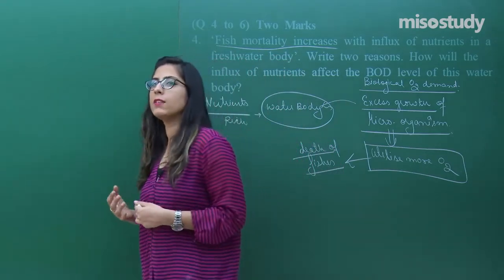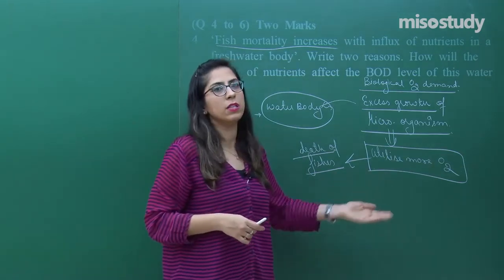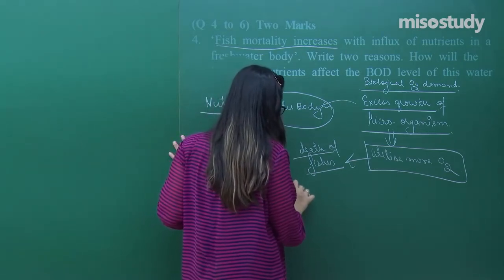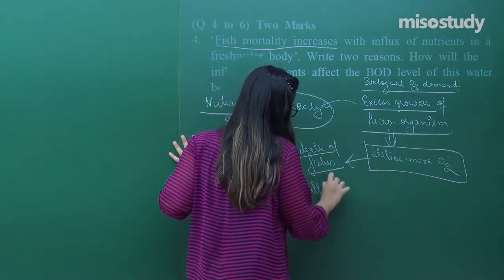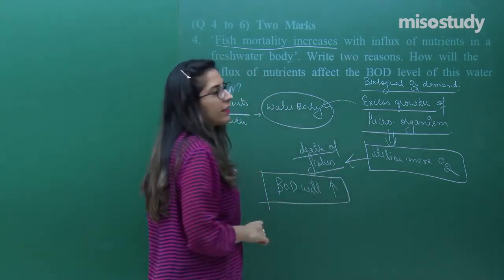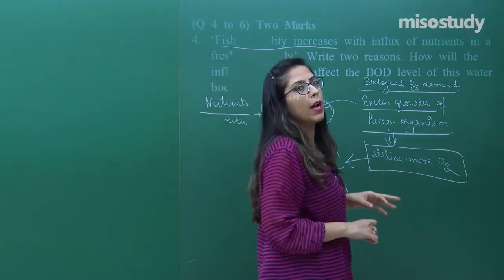Suppose microorganisms are growing at a very fast rate. They will utilize more and more oxygen. That means the BOD will increase. When biological oxygen demand increases, we know the relationship between the BOD and DO.